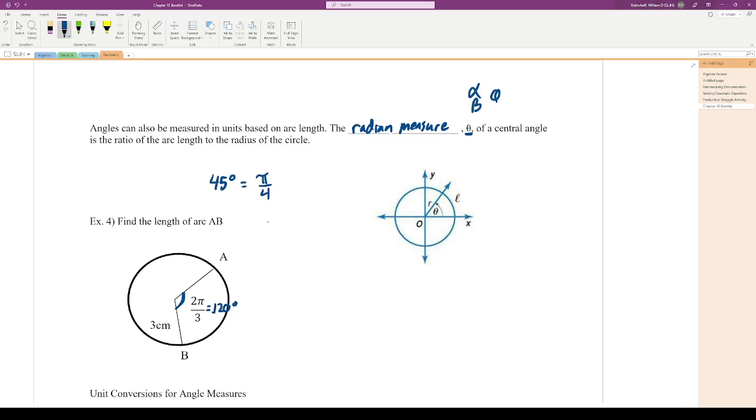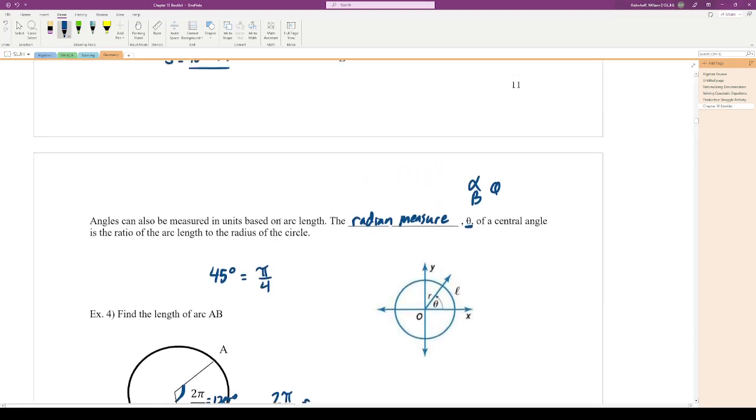Now the 2 pi is already part of my angle measure. So if I have an angle measured in radians, then instead of setting up a proportion for the arc length, I can just say it's 2 pi over 3 times the radius. And then I'm done. I don't have to do the extra stuff.